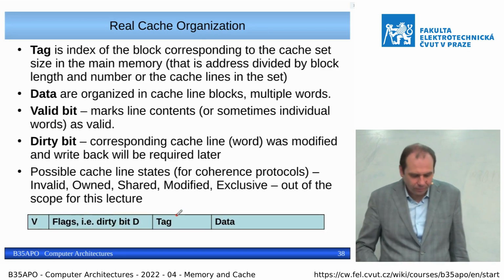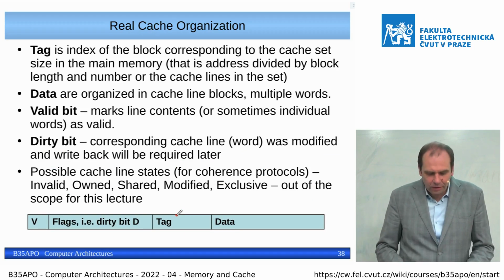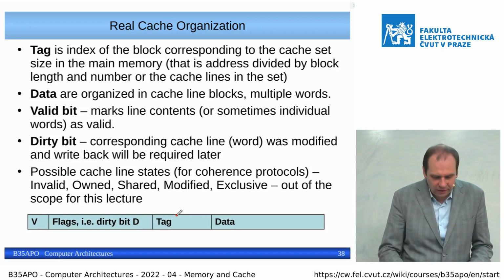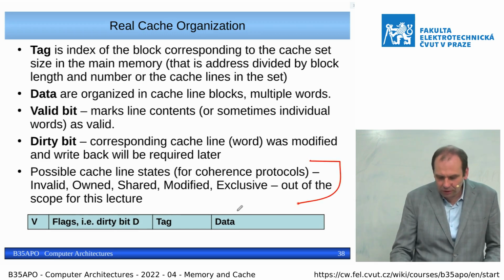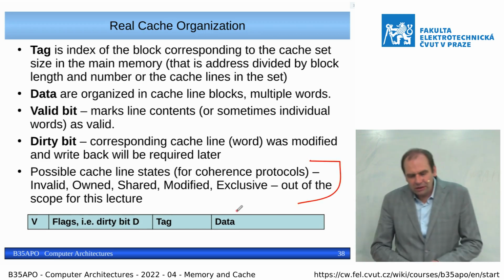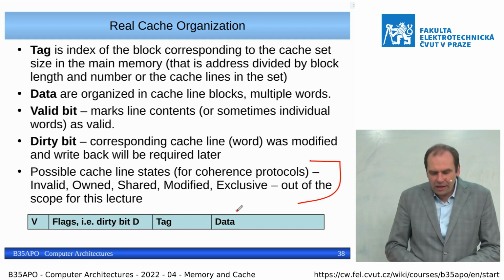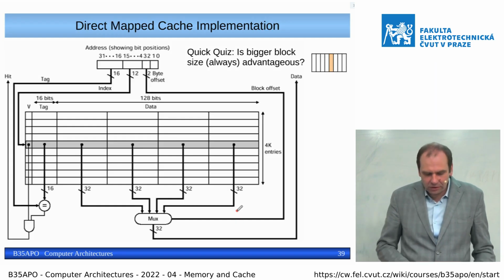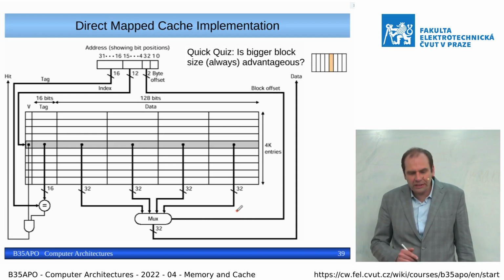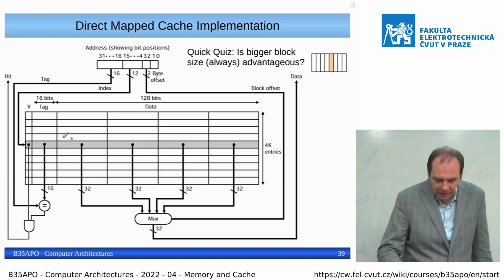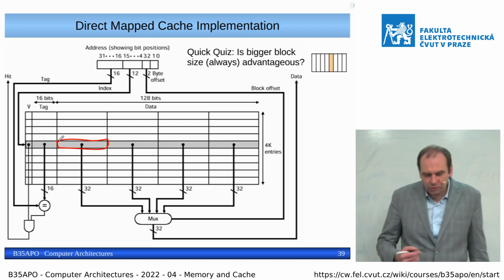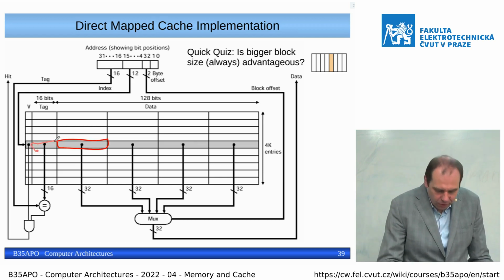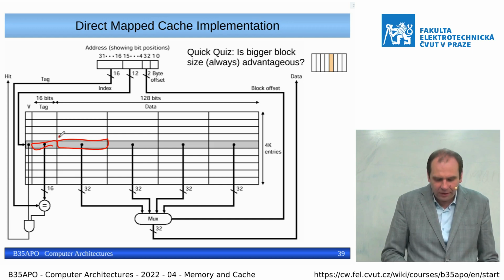Okay, so real organization and real systems use exactly the valid bit, dirty bit, and so on. There is some additional information about sharing and so on. It is not so important. We usually, even in the case of a directly mapped cache, do not store individual words, because to keep a whole tag and other stuff for each individual word would be too expensive.